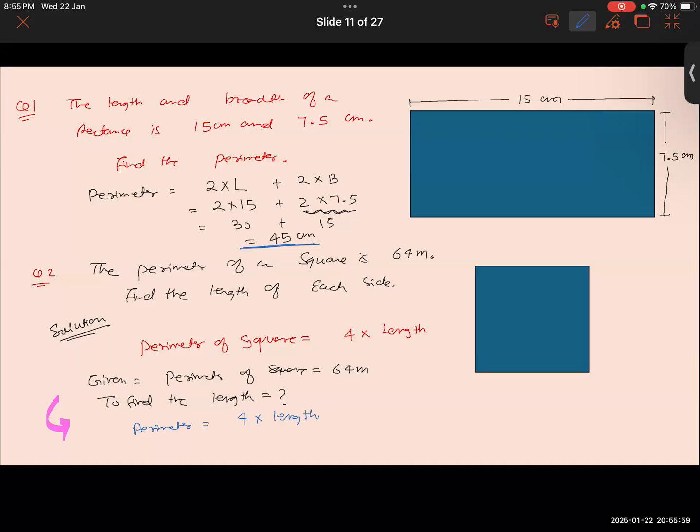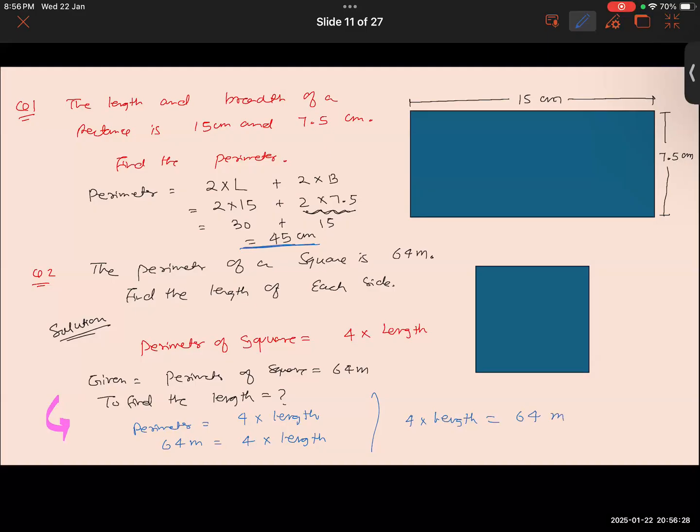It's 16. Very good. The length is 16. Well done. So perimeter is 64 meter. That is, we have simply written whatever perimeter is given here, 64 meter, in place of this. That is equal to 4 times length. Now, can I write it on the other side, 4 times length on the left side and this on the right side?